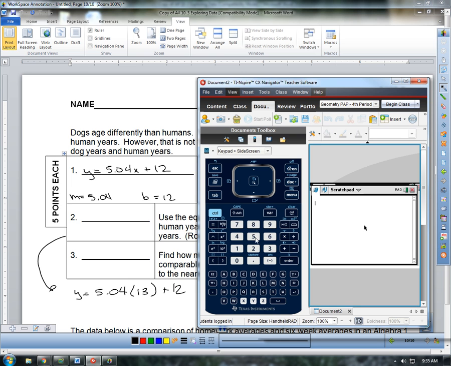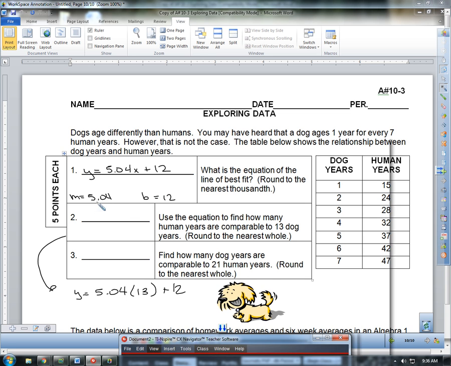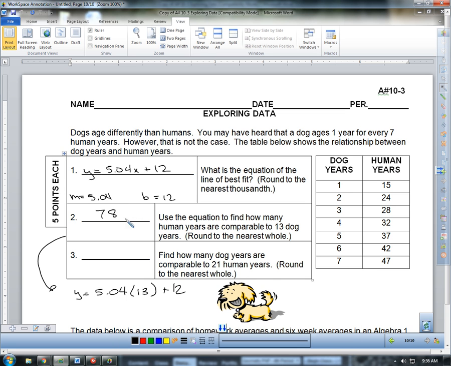It'll take you to the scratch pad. And so I'm going to do 5.04 times 13, oops, not plus, 13 plus 12. So it's telling me that 13 dog years should correspond to 77 and a half human years. It says round to the nearest whole, so we'll call this 78 years.